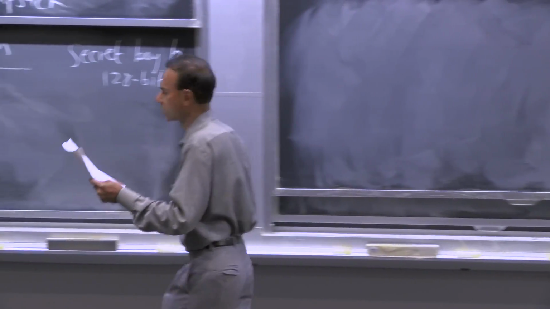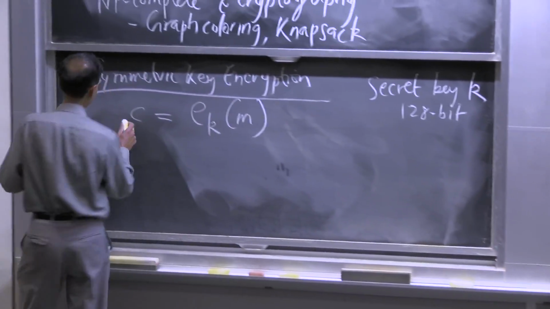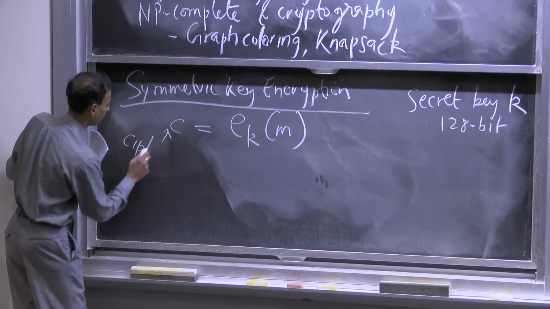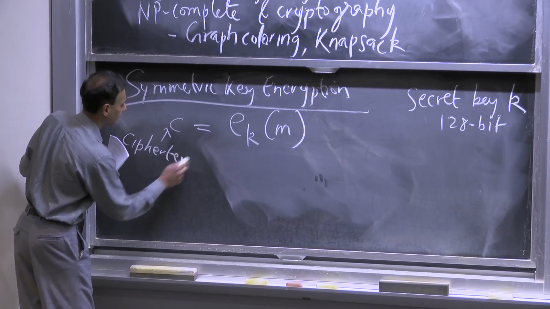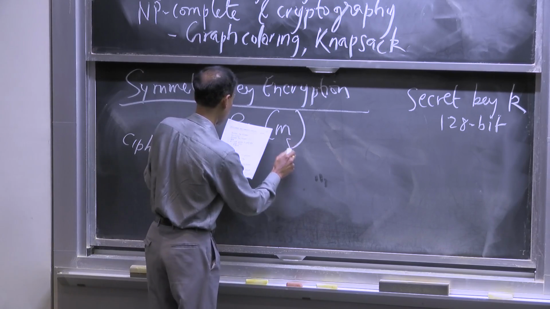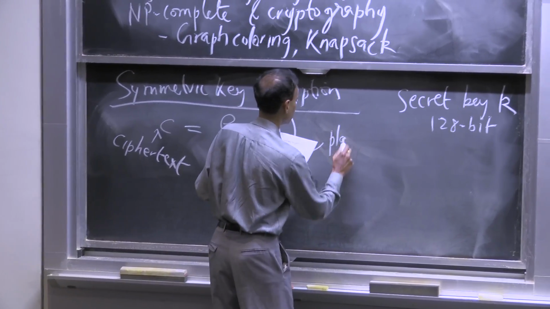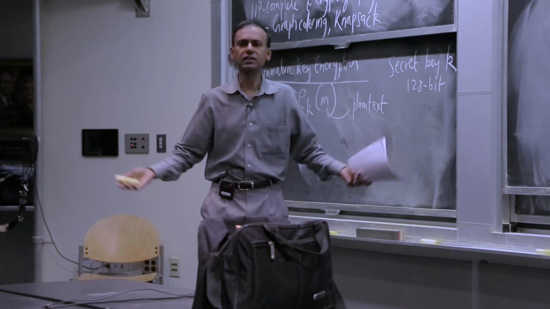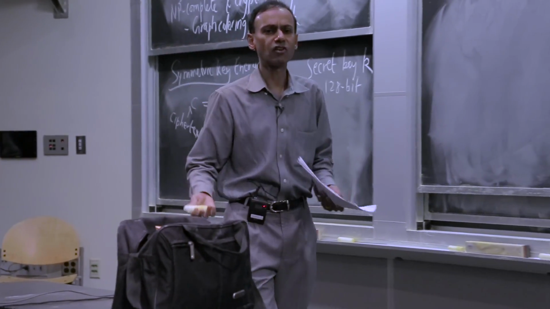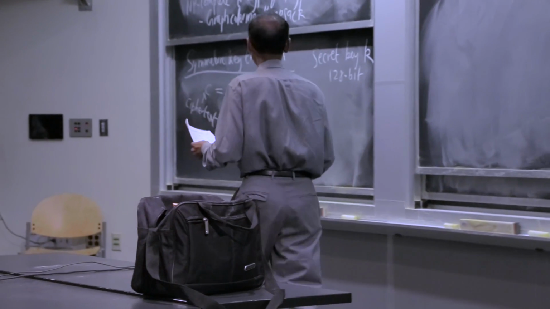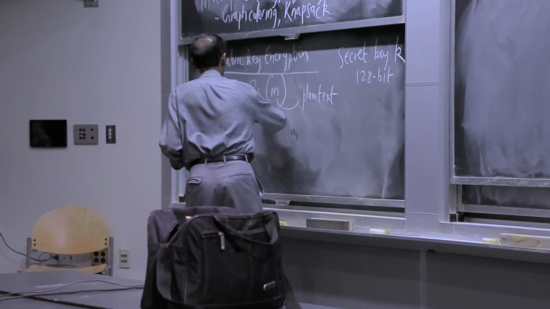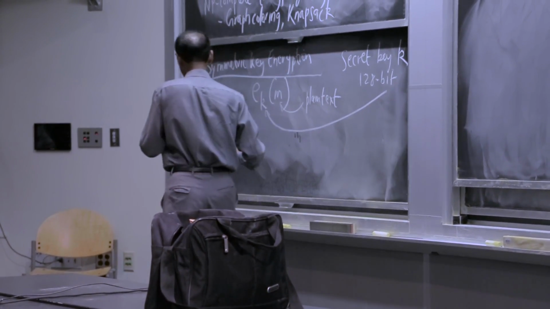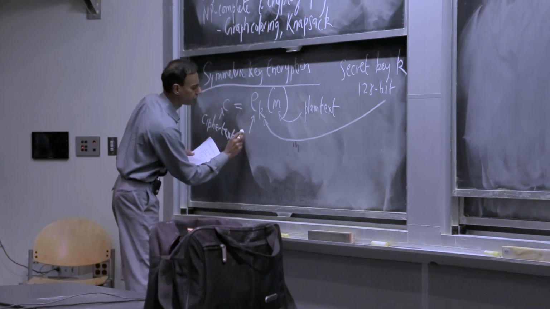It's C, which is the ciphertext. So a little terminology here. Ciphertext. M is the plain text or the message. And plain text means you can just read it. Ciphertext means it's scrambled. K is, of course, the secret key. That's up here. And E is the encryption function.